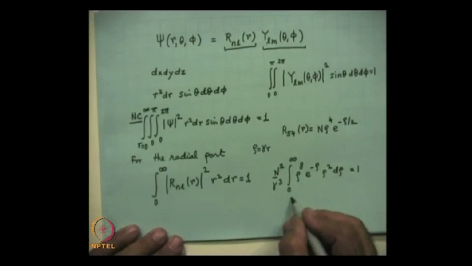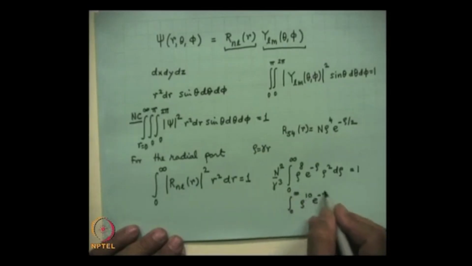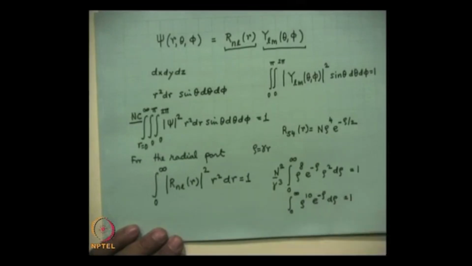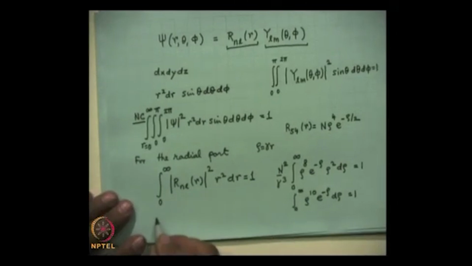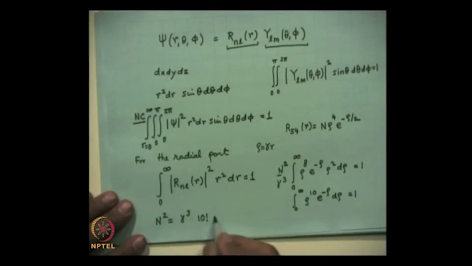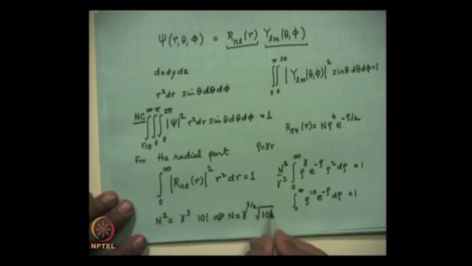So, this is 0 to infinity rho to the power of 10 e to the power of minus rho d rho is equal to 1. So, this is 10 factorial. So, n squared is equal to gamma cubed into 10 factorial, or n will be gamma to the power of 3 by 2 square root of 10 factorial.